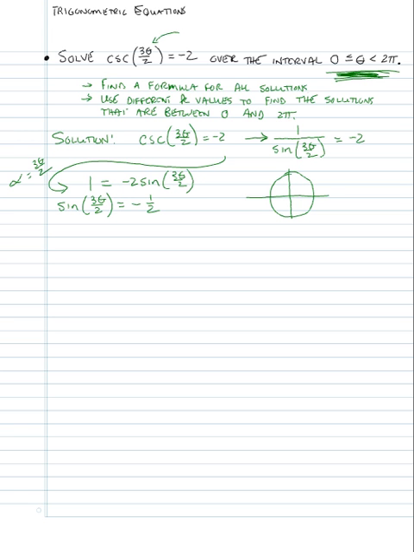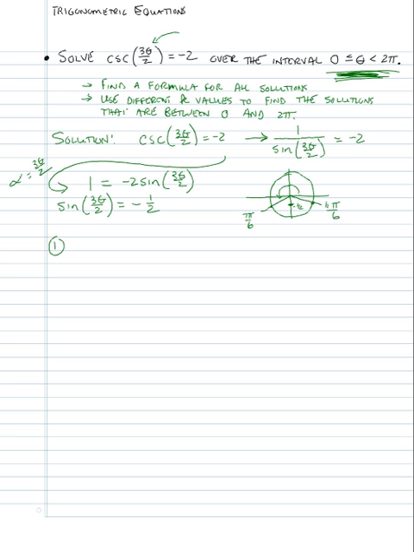Now to get -1/2, that means I'm down here someplace for a sine value, right? So I'm talking about an angle that is here, that has a second coordinate of -1/2, or an angle that's here, that has a second coordinate of -1/2. But remember, I'm going in this direction. And so this ends up being 7 pi over 6 in this position, and this ends up being 11 pi over 6 in this position.